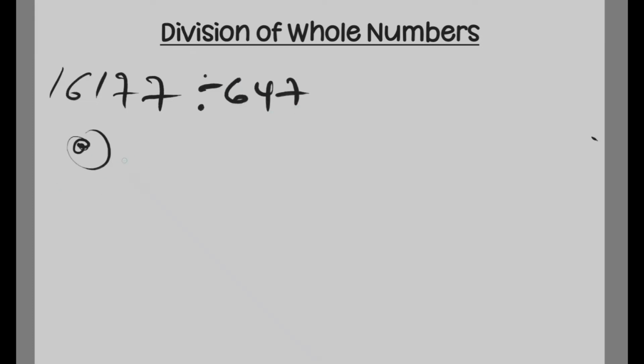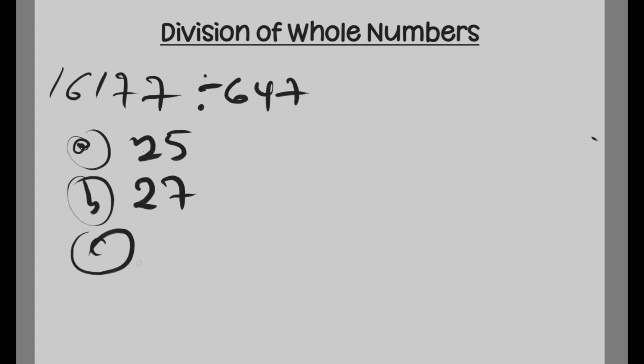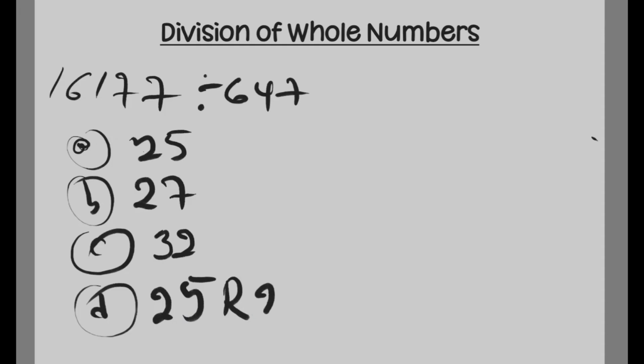Option A is 25. Option B is 27. Option C is 32. And option D is 25 remainder 2. And the answer is 25 remainder 2, because that's what we got. Okay, so that is how you solve those kind of questions.